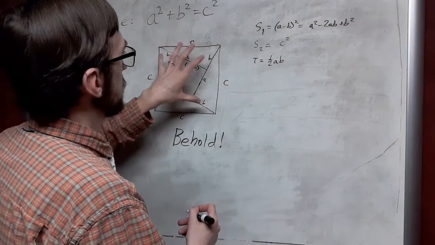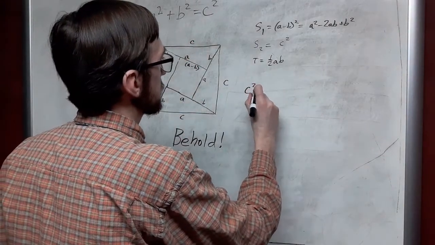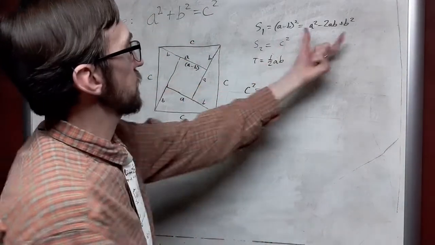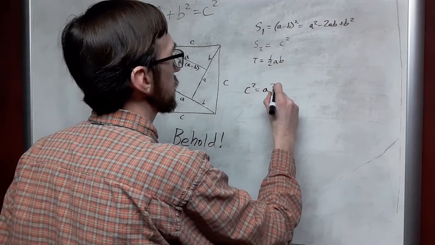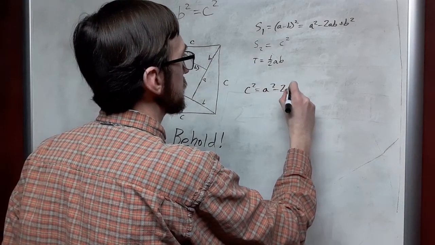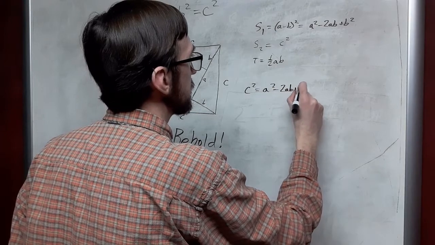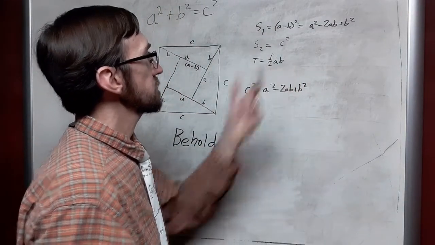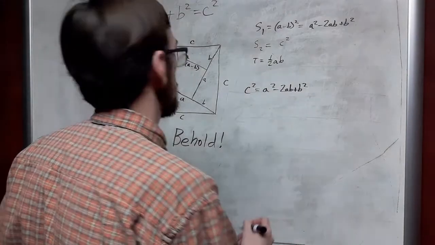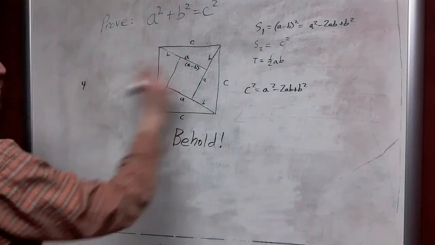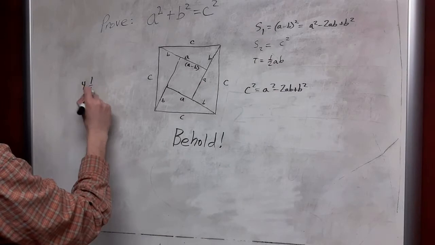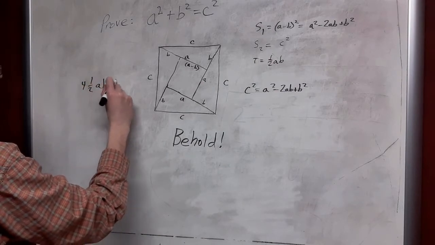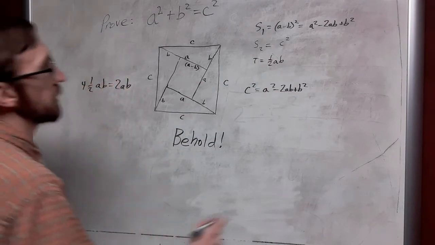The larger area is c squared, and that's going to be equal to the smaller square, which is this, a squared minus 2ab plus b squared, plus 4 of these. I can make a side calculation here and multiply 4 times this value and get 2AB.